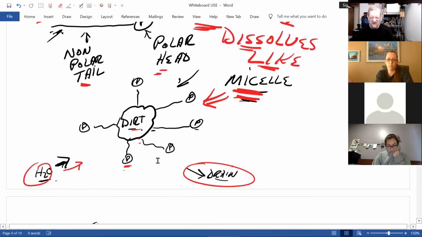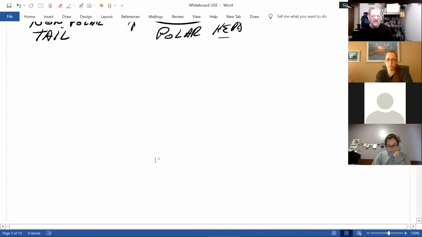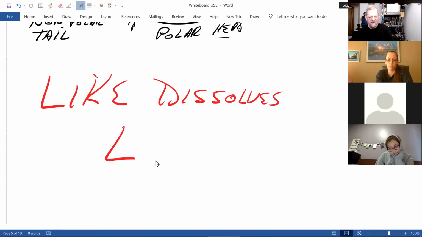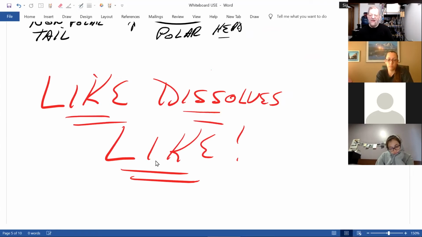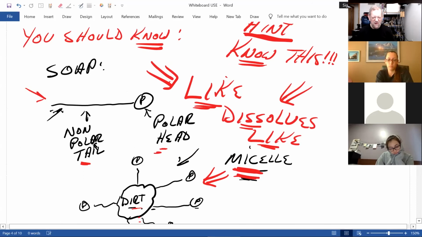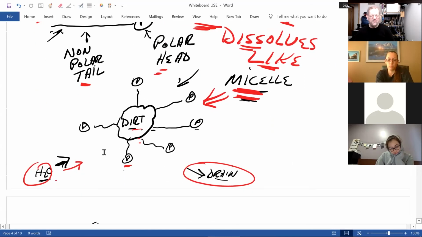The most important thing of how soap works: because like dissolves like, the nonpolar tail of soap is attracted to dirt.